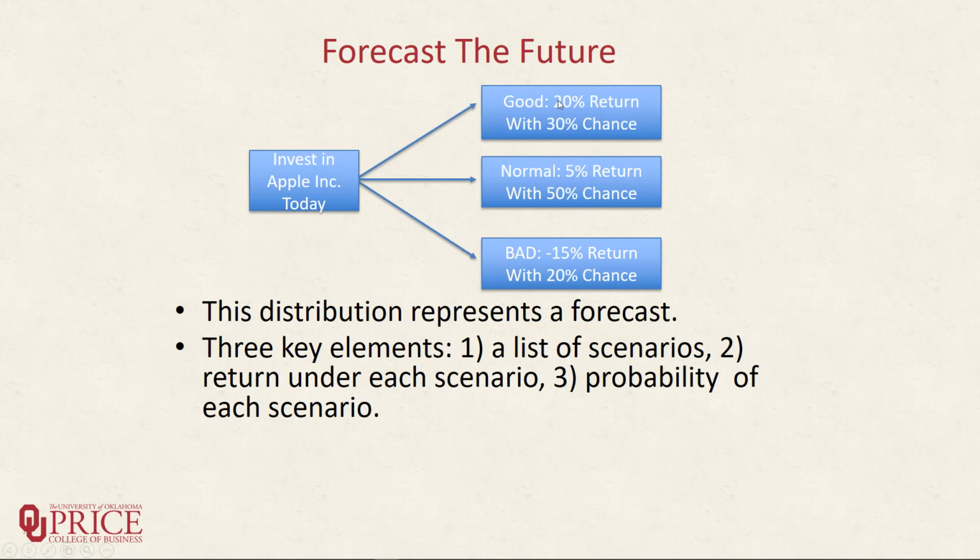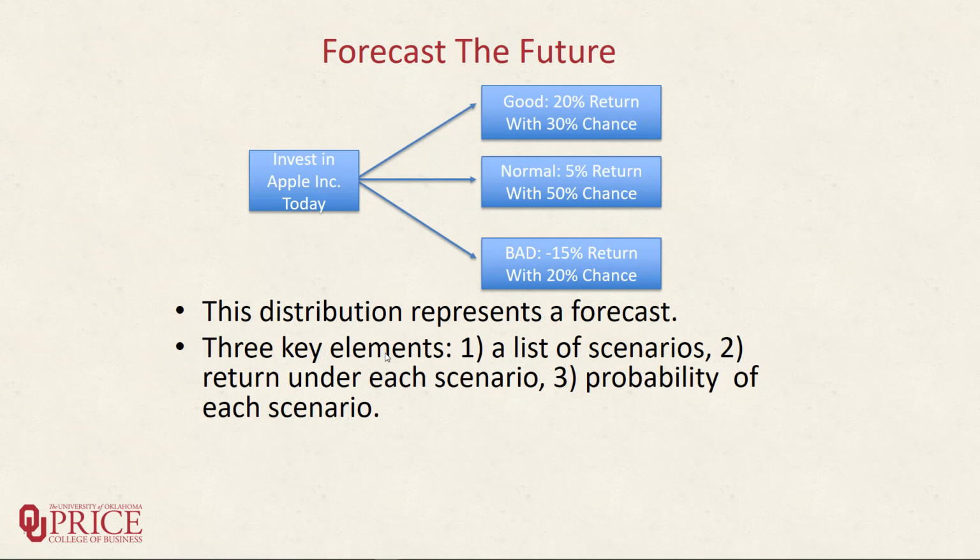In this case, it's 20, 5, and negative 15. Finally, we need to know the probability of each scenario: here it is 30%, 50%, and 20%. Keep in mind that if you consider all the possibilities, the probabilities of all the scenarios must sum up to 1.